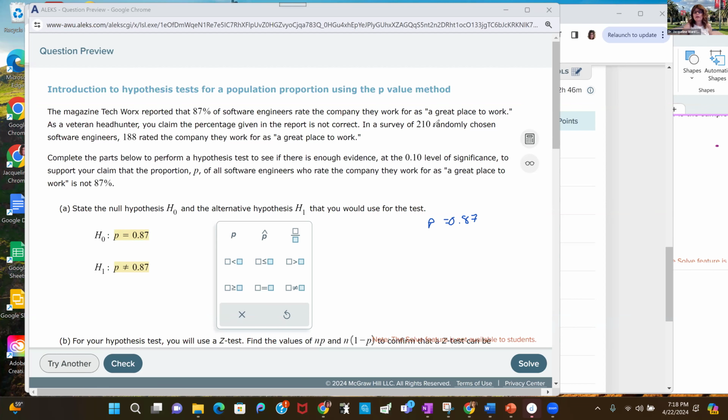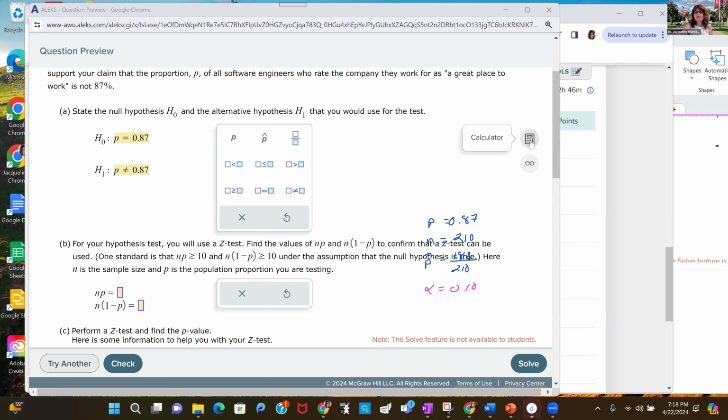So you have a random sample of 210. The sample proportion, it's 188 out of the 210. You could get a decimal for that too, but I just leave it. And alpha is 10%. Okay.